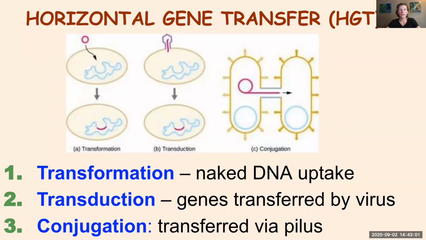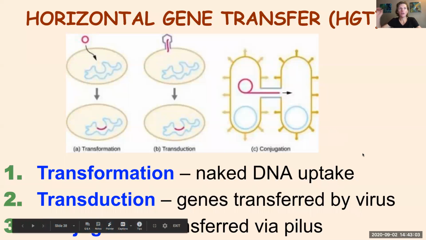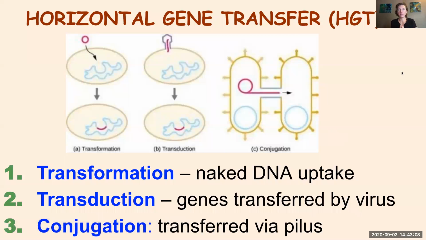Okay, horizontal gene transfer. So in bacteria, please know these three mechanisms for horizontal gene transfer. One, transformation, that's when DNA that's lying around in the environment is just taken up. Two, transduction, genes are transferred by a virus. So a virus can actually transfer genes to another organism.